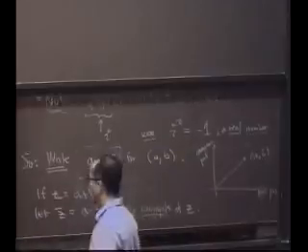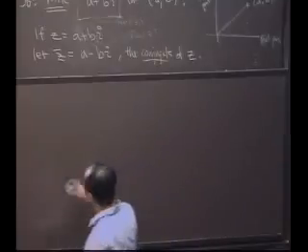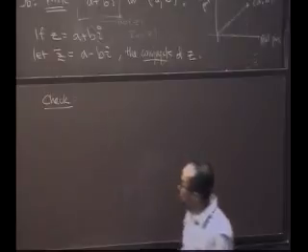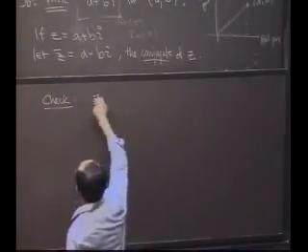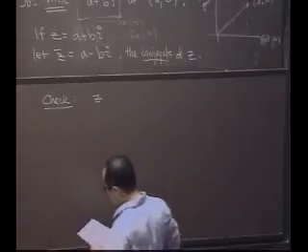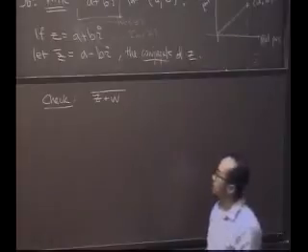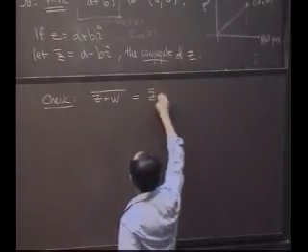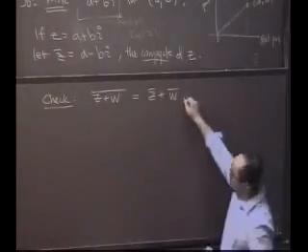Okay, great. There are lots of things here you can check about the complex numbers, and I'll just let you check these things. It's very easy. But conjugation plays nice with addition and multiplication. So it's a very natural operation. If I take the conjugate of z plus w, that's the same thing as conjugating first and then adding the numbers.